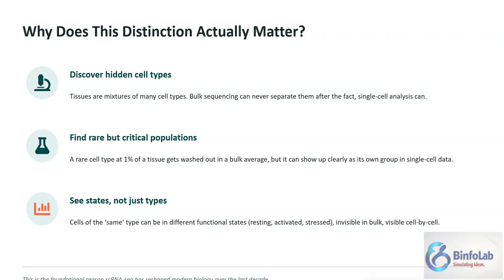You cannot differentiate those states easily in bulk RNA sequencing, and all of them become kind of equal, whereas it is visible in single cell RNA sequencing.